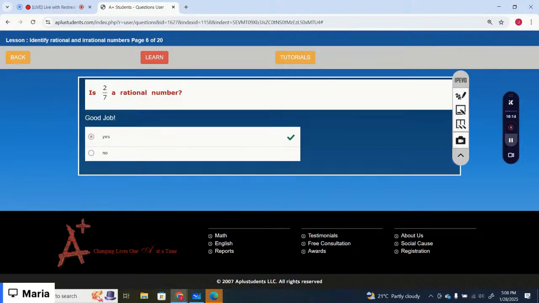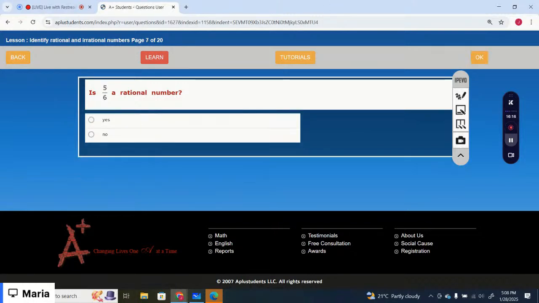Yes, 2 by 7 is a rational number. Is 5 by 6 a rational number? Yes, 5 by 6 is a rational number.